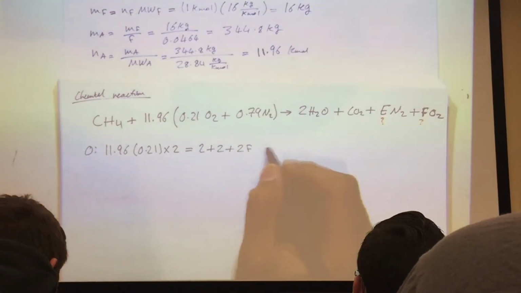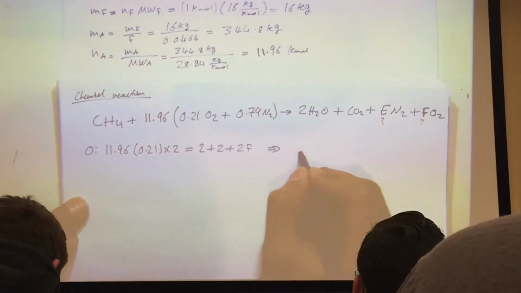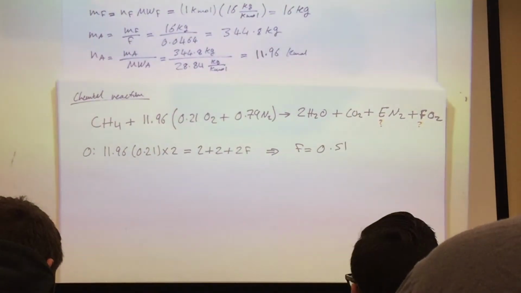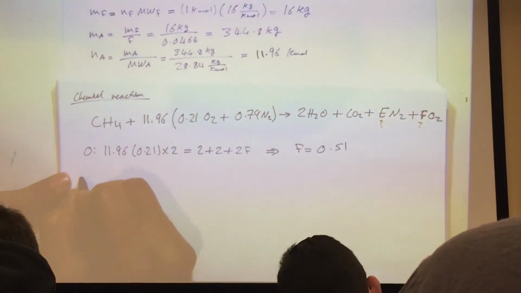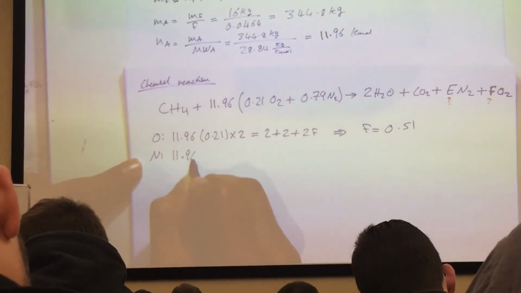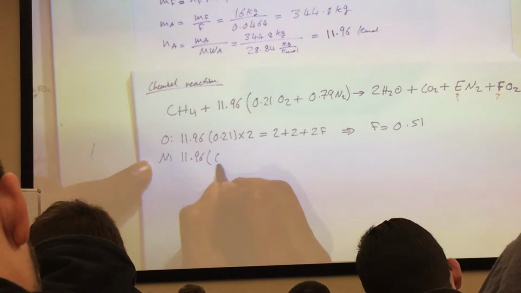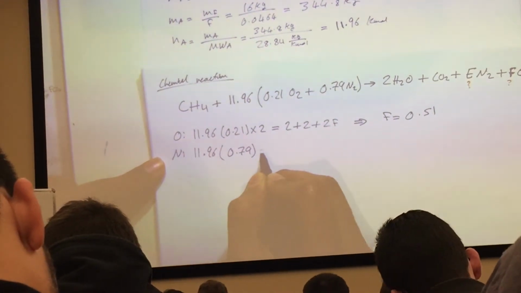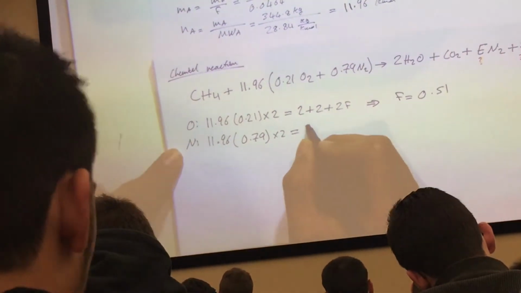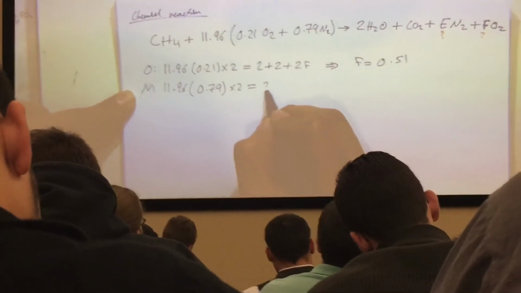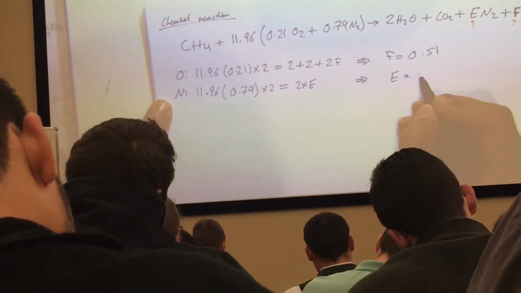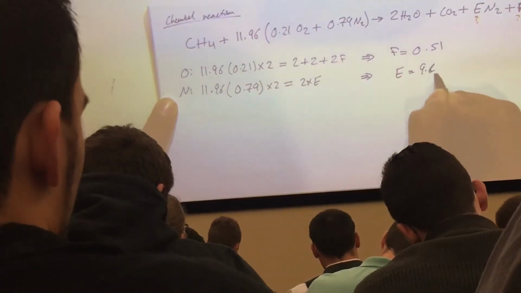So from that, F is equal to 0.51. And the same thing I could do for nitrogen. I have 11.96 multiplied by 0.79 multiplied by 2, which is equal to, I only have 2E to worry about, so 2 times E. That would give me E is equal to 9.45.